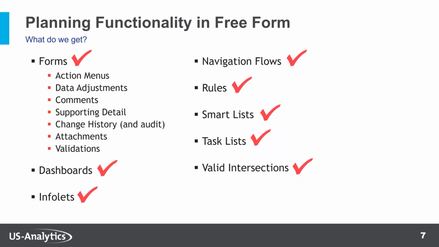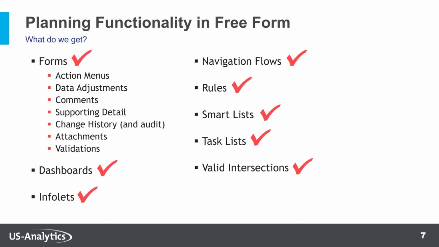We have action menus, we have your right-click menus, data adjustments like grid spread and adjust data, comments, supporting detail, change history with the full set of audit capabilities that planning offers us in the cloud, attachments, validations, dashboards, infolets. So all the cool stuff that we get with PBCS, as we were transitioning people anyway to PBCS to replace their Essbase applications, we get all of that.